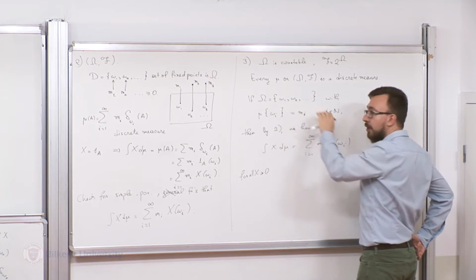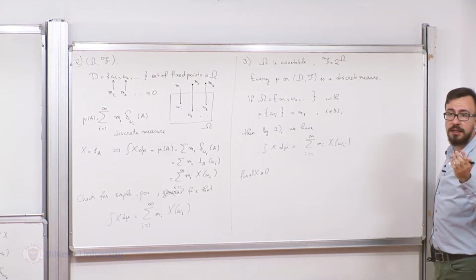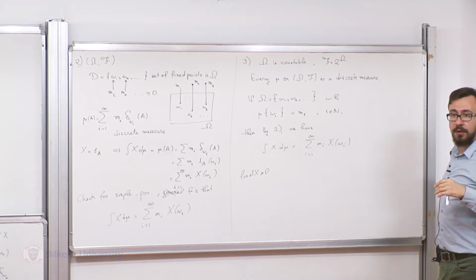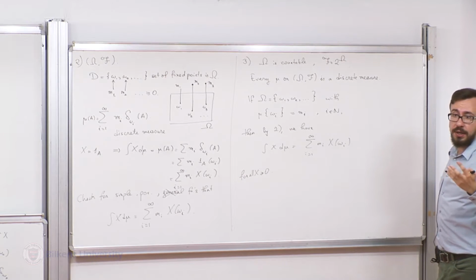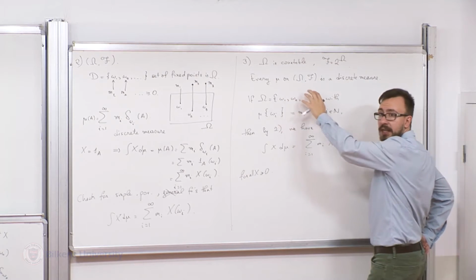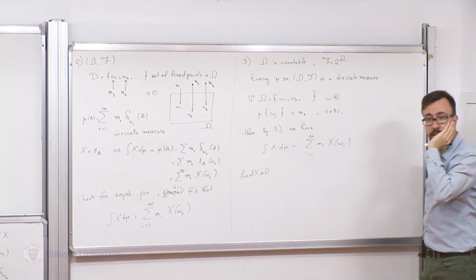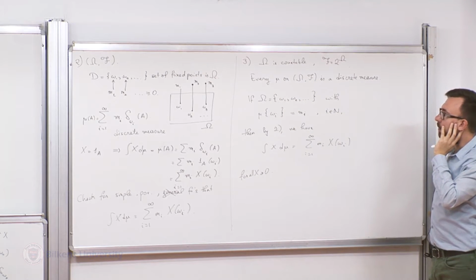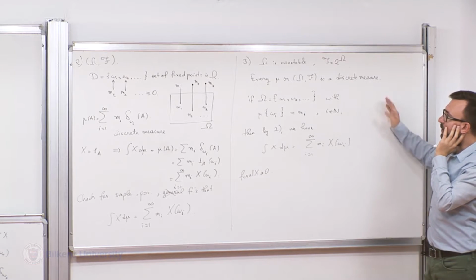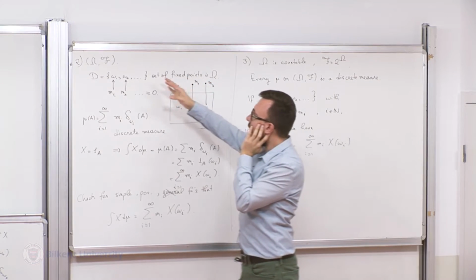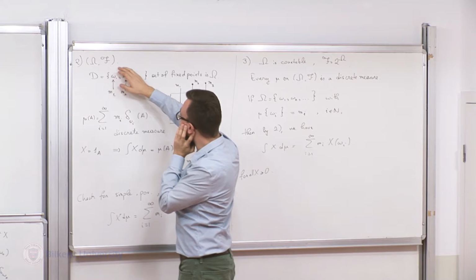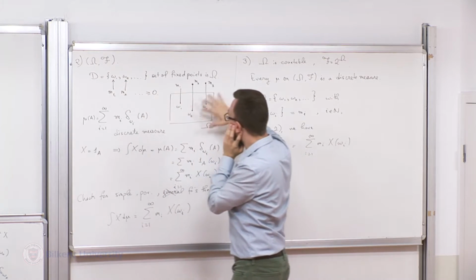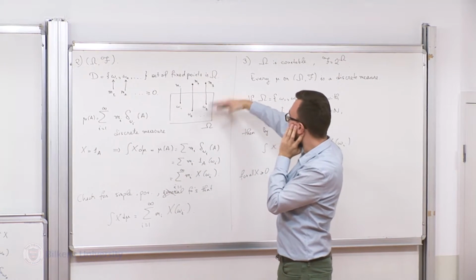No, omega is just a countable set. It's a discrete space, okay? So it's automatically partitioned into its singletons, right? Singletons partition it. So it's a special case of number 2. In number 2, you have an arbitrary measurable space where you have some fixed points with assigned masses.